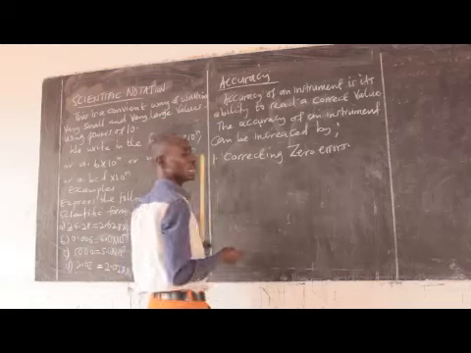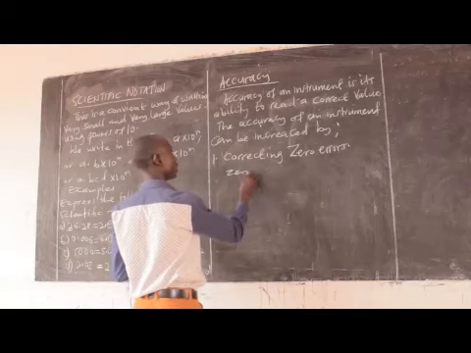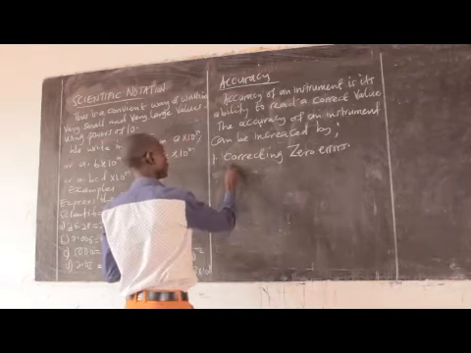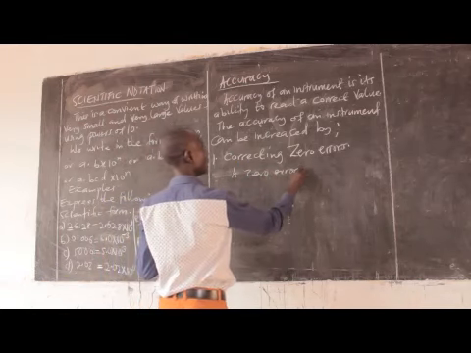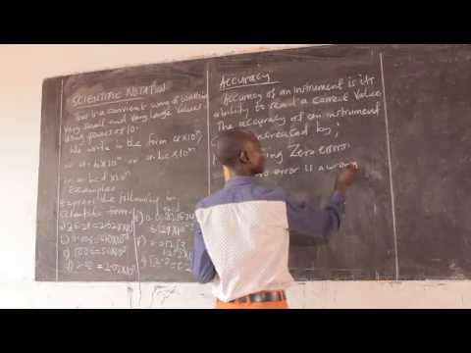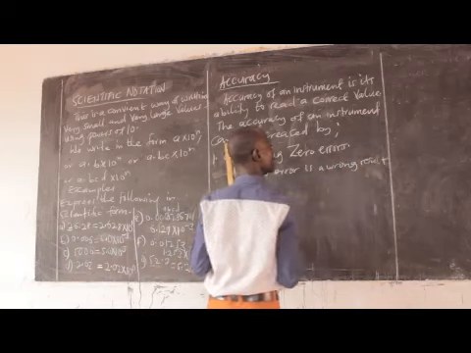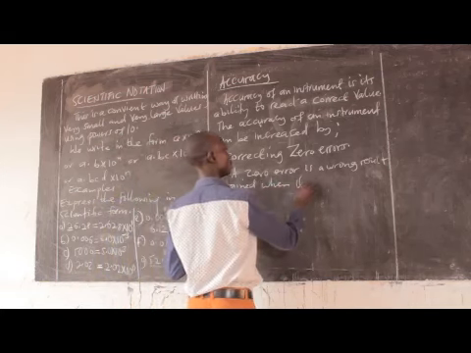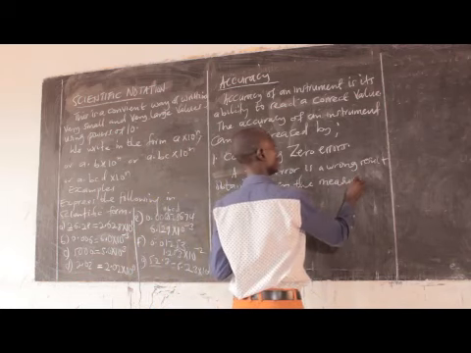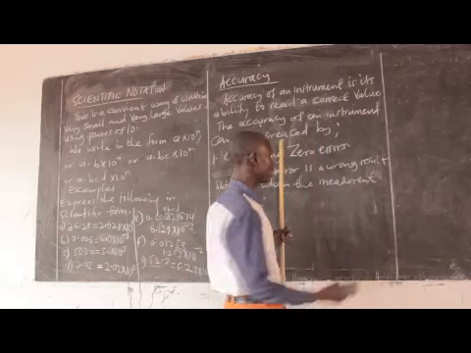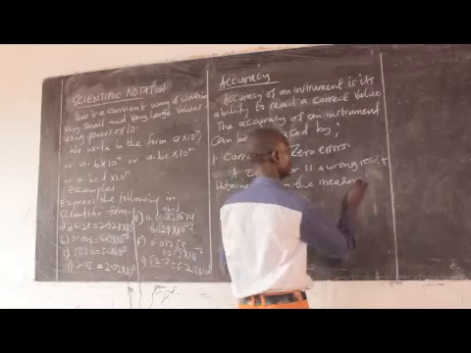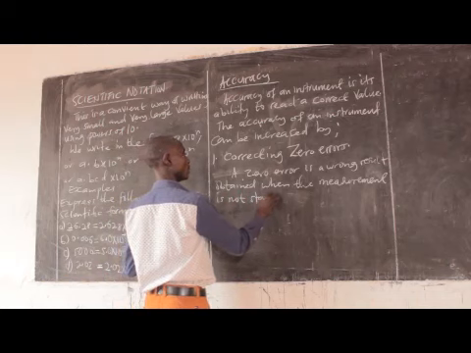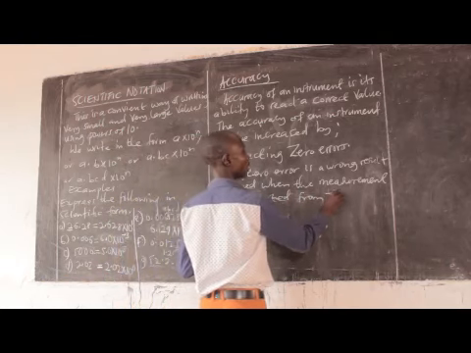A zero error is a wrong result obtained when the measurement is not started from zero.